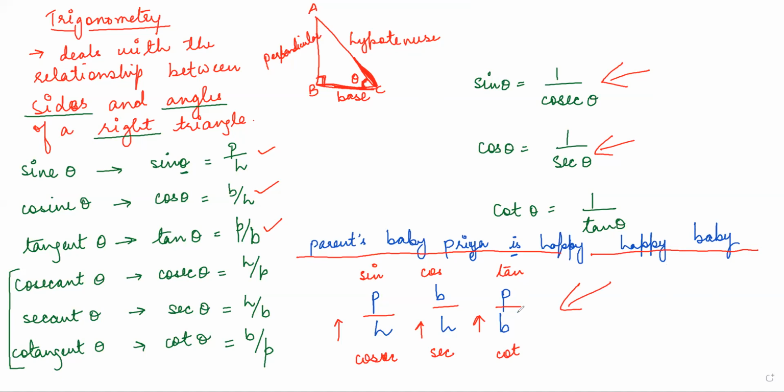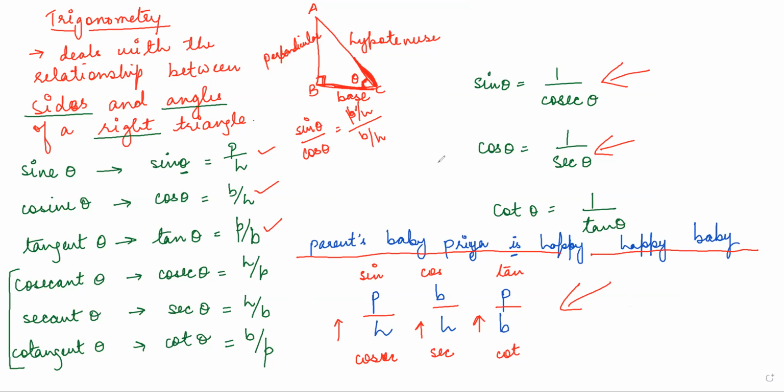Now let us see some examples, some questions from NCERT. You can check one more thing here. Take the ratio sine theta divided by cos theta. Sine theta is perpendicular by hypotenuse, and cos theta is base upon hypotenuse.